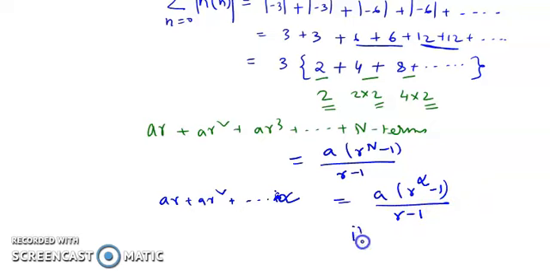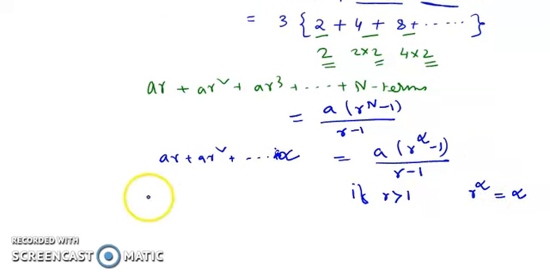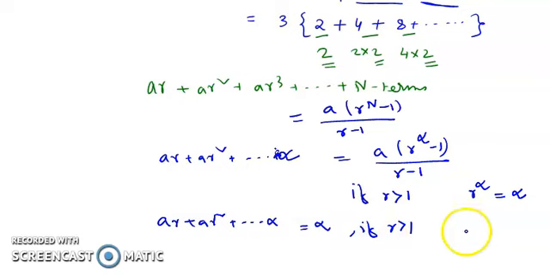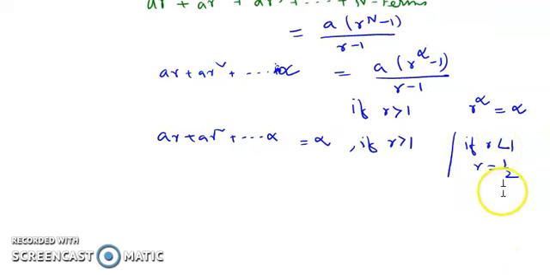So if r is greater than 1, this r to the power infinity becomes infinity. That is why the summation becomes infinity. The summation becomes infinity if r is greater than 1. If r is less than 1, then what happens? Suppose r is equal to half, then this half to the power infinity means 2 to the power minus infinity, so any value to the power minus infinity becomes 0.